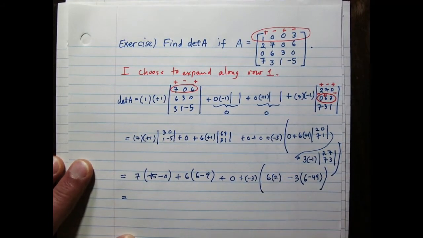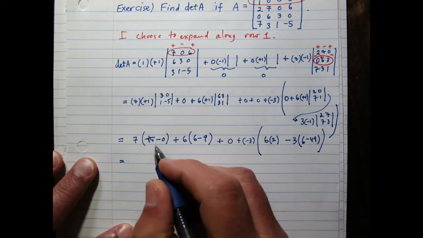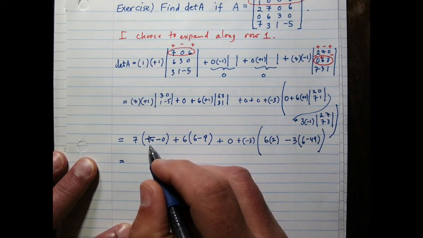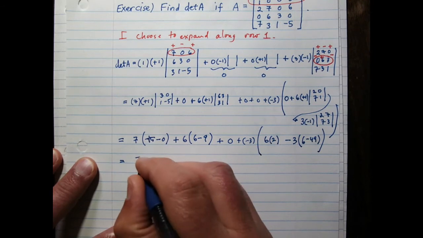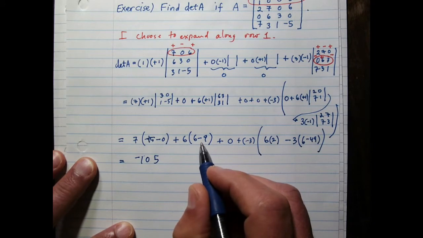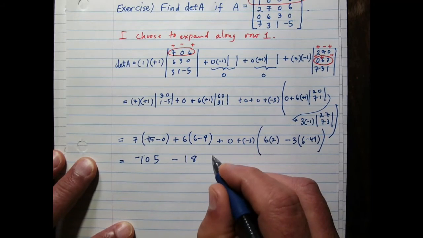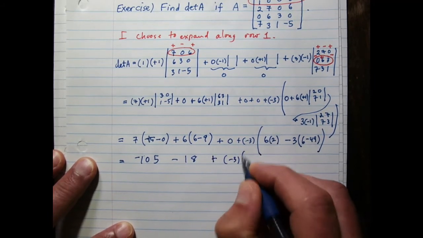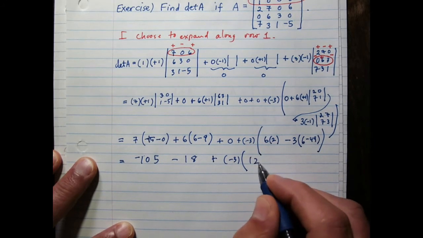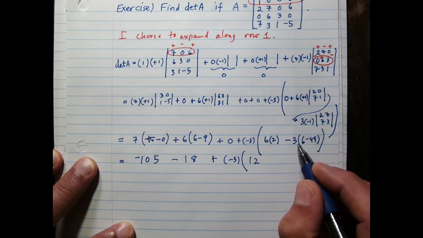And now it's just the process of going through the arithmetic here. What is 7 times 15? It's going to be -105. And then 6 minus 9 is -3, plus -18, plus -3. So what happened in my big grouping? I got 12. 6 minus 49 is -43, times 3 is 129.